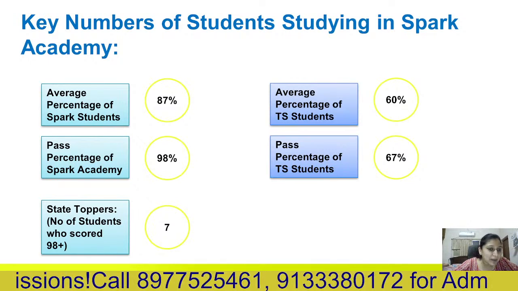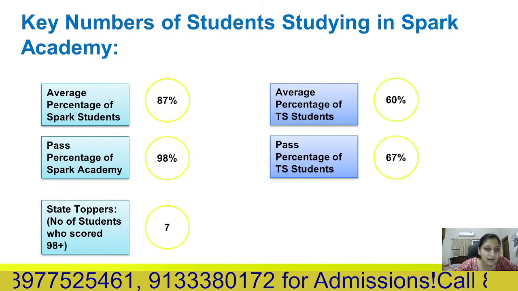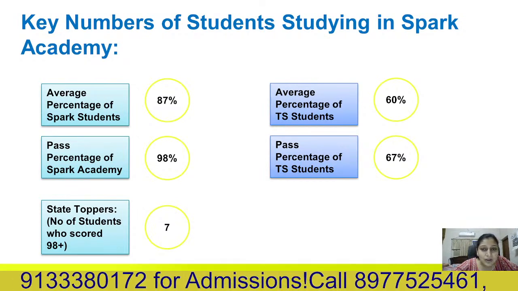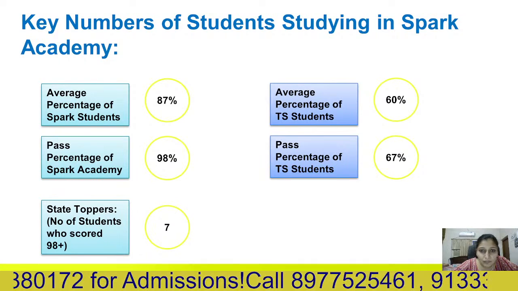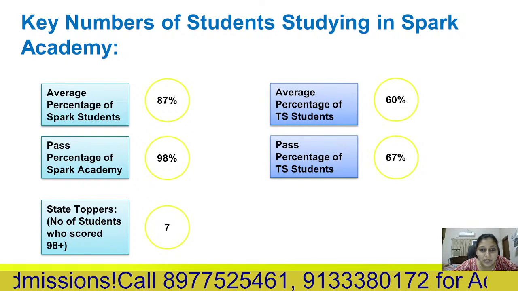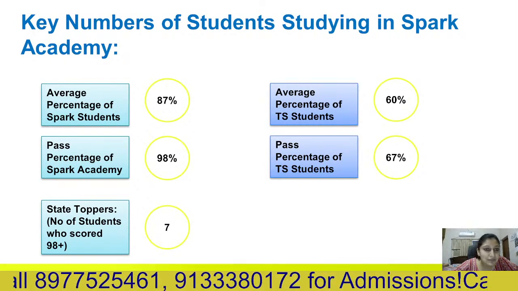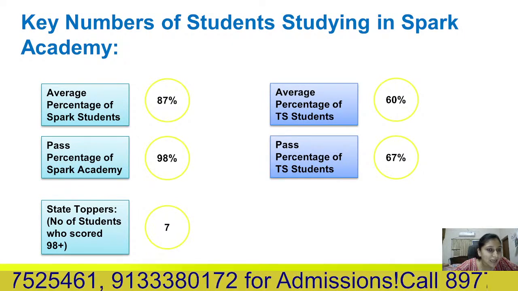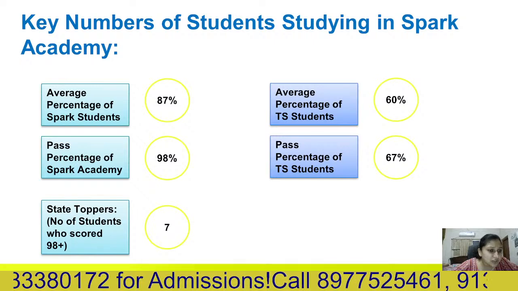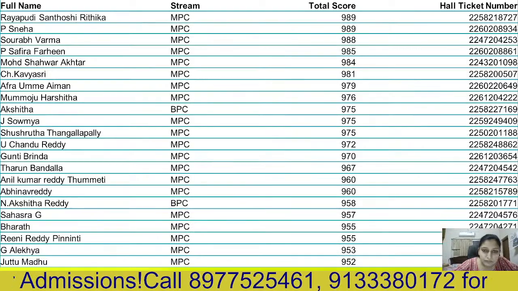If you are joining Spark, then yes, this can become more. 98 is where it is now, and it can go ahead; the graph can keep increasing. The average percentage of TS students is 60%, and the pass percentage of TS students is 67%. But for Spark Academy it is 98%. State toppers, number of students who scored 98 plus: 7 students.